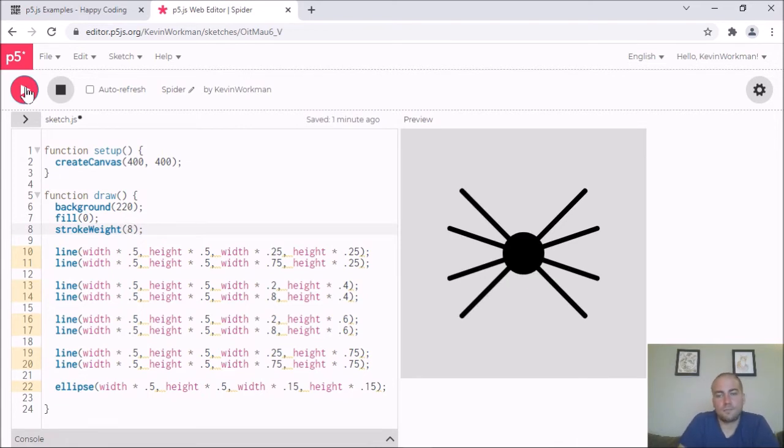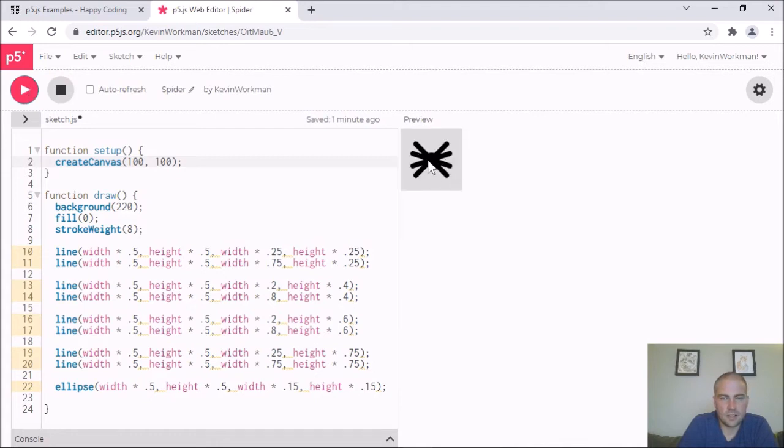Maybe. So quite a few things I could think about doing next, but one thing I might point out is that this stroke weight is not to scale. If I make this a lot smaller, say 100 by 100, the thickness of the lines kind of overruns everything else because it's so tiny that the thickness of the line is ridiculous.